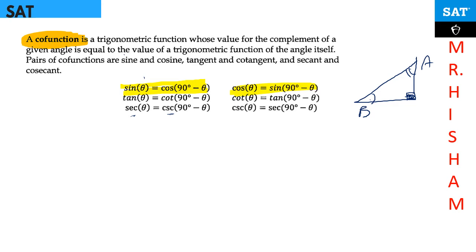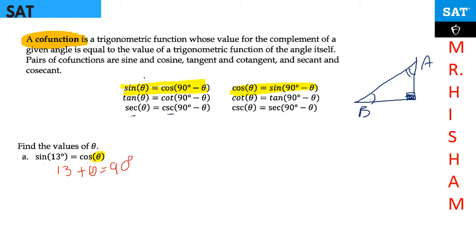For example, if I wanted to find the value of the angle theta, and sine 13 is equal to cosine theta, the only case for sine to be equal to cosine is that 13 and theta, their sum is equal to 90 degrees.